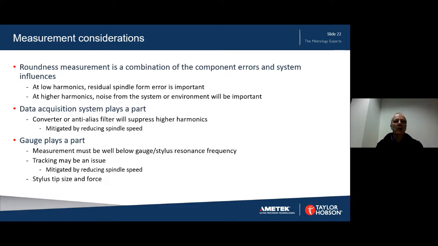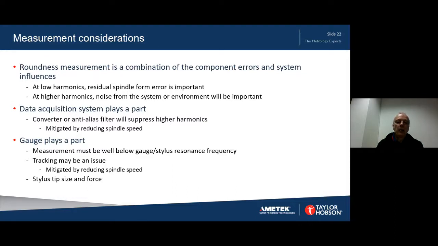So, some measurement considerations. Velocity measurements are used in product and process control. It's therefore important to have some appreciation of the uncertainties that might impact on the results. As discussed earlier, the measurement itself is the sum of component errors and system influences.